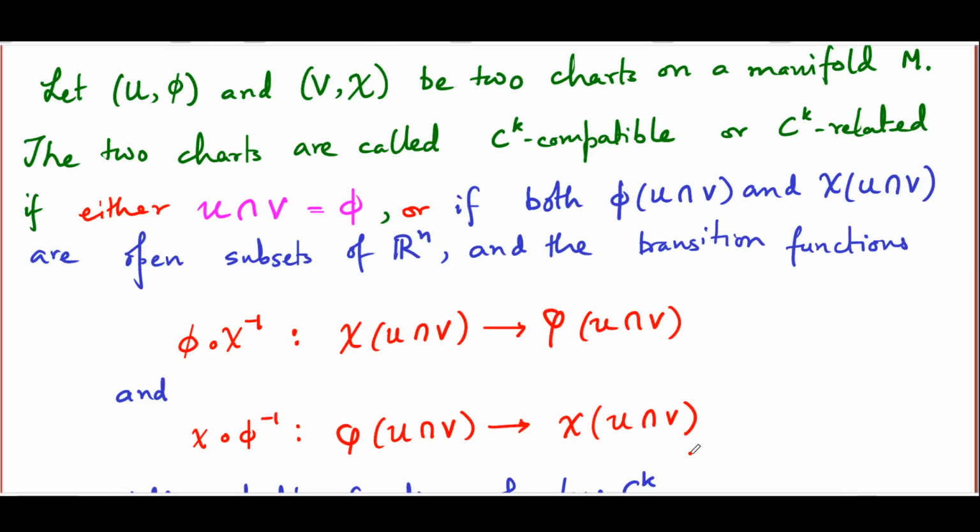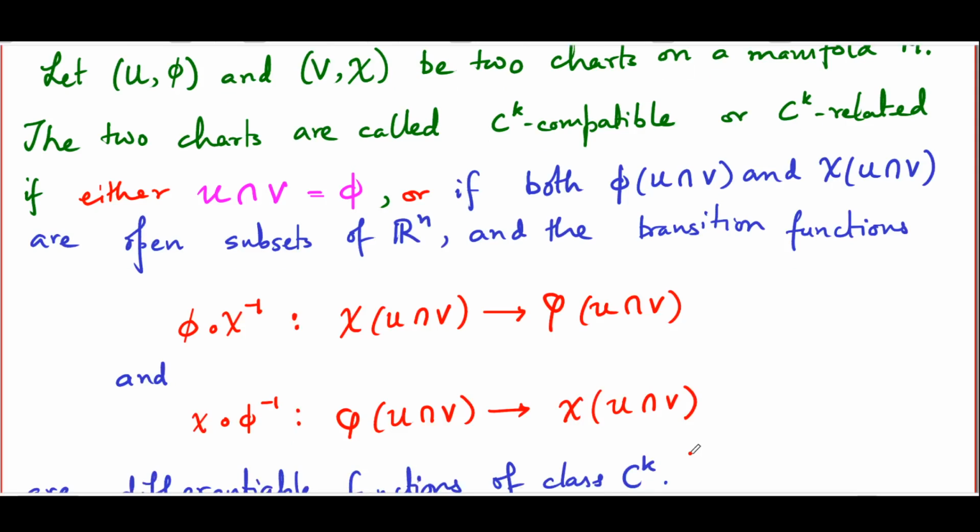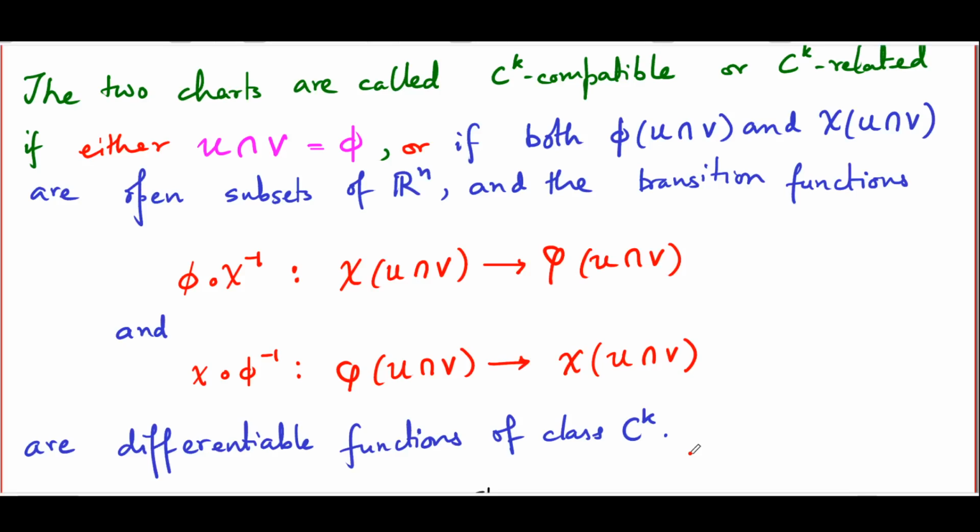Now the demand that we make for the two charts to be Ck compatible is the following. You demand that phi composite chi inverse and chi composite phi inverse are both differentiable functions of class Ck.